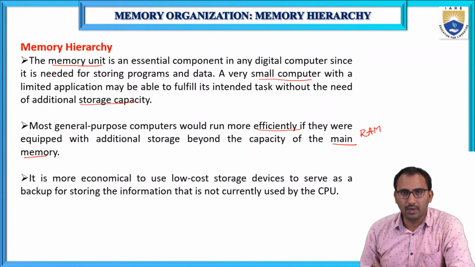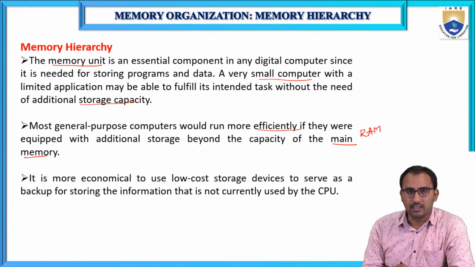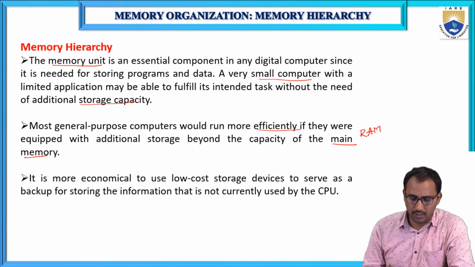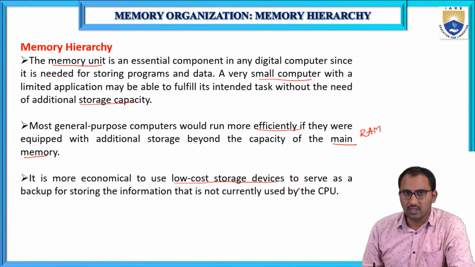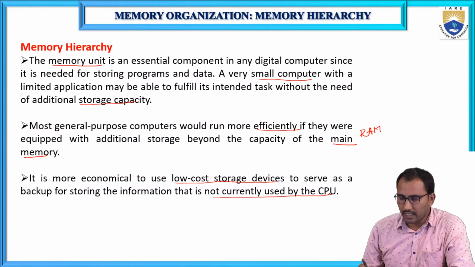For that purpose, we have to use additional memory devices, which we call auxiliary memory devices. In auxiliary memory we store the programs and data which are not needed by the CPU currently. It is more economical to use low cost storage devices as a backup for information not currently used by the CPU.